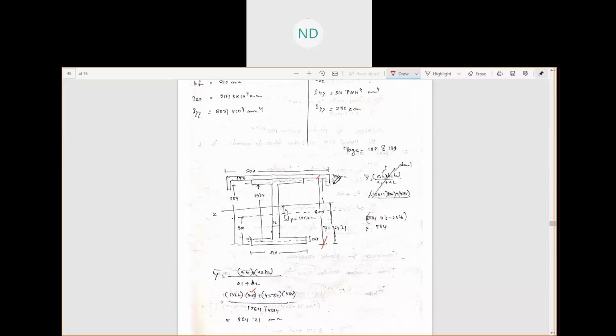We get this distance which we require now, this one from here.